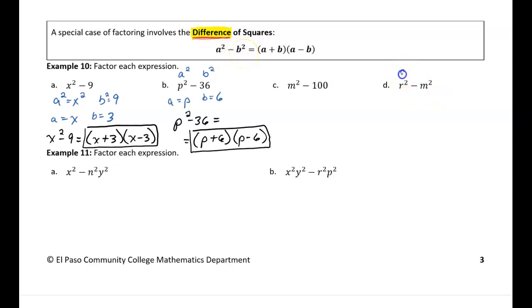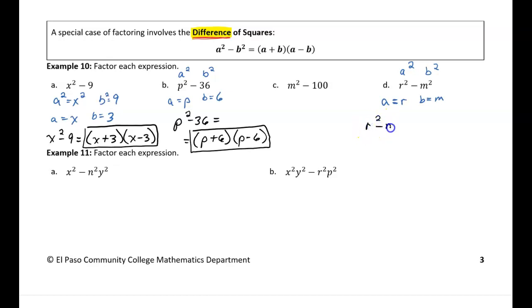So if this is my a squared, this is my b squared, if a squared is equal to r squared, then we'll match up a with r, and then we'll do the same thing with the b. B squared is m squared, so we're going to match b and m together. And we follow the rule.